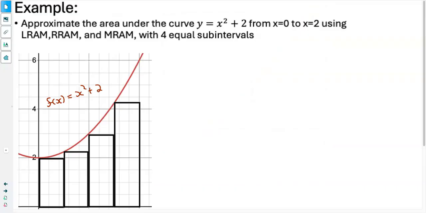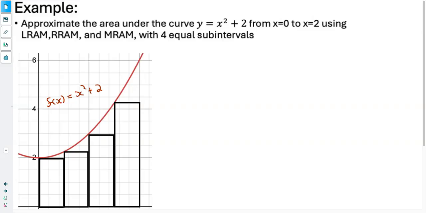Okay, so first example, we're going to approximate the area under the curve y equals x squared plus 2 from x is 0 to 2 using LRAM, RRAM, and MRAM with 4 equal subintervals. So we'll do this over the next few pages, because we'll do LRAM on this one, RRAM on the next one, and MRAM on the final one.